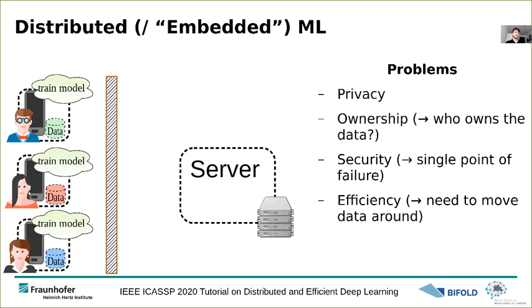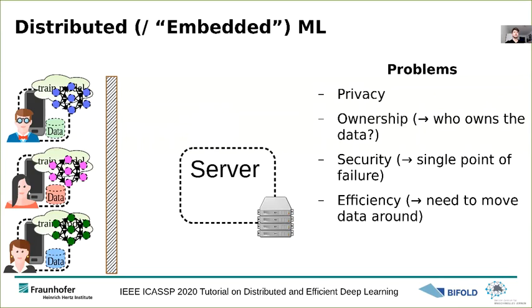That, of course, means that every client creates its own model, but it doesn't end there. We all know that these neural networks perform better the more data they have available.